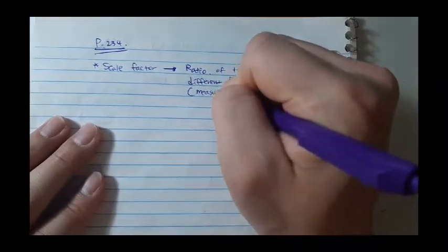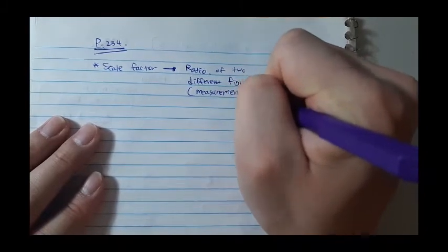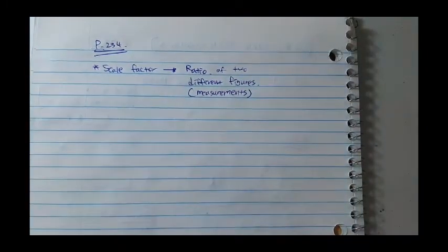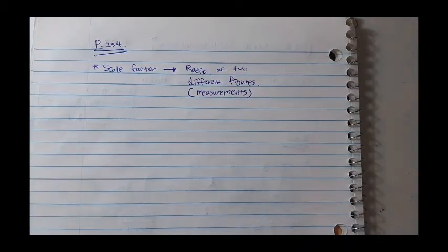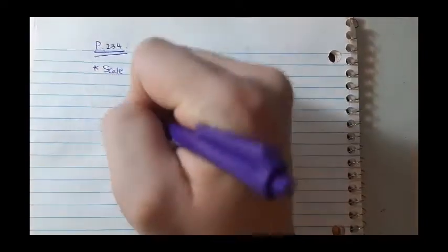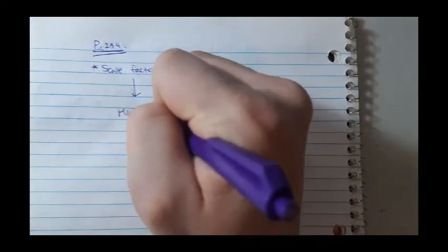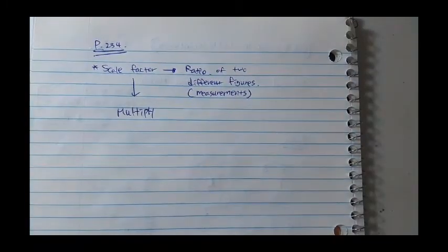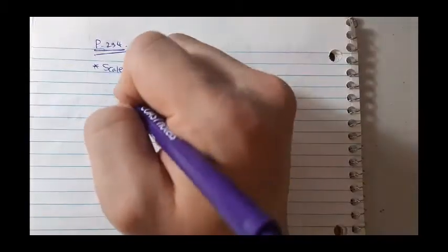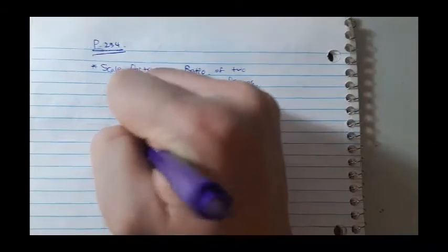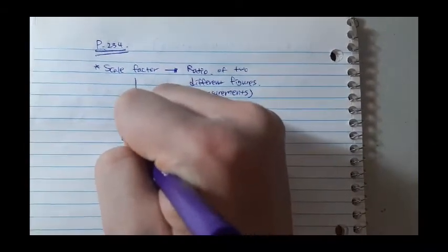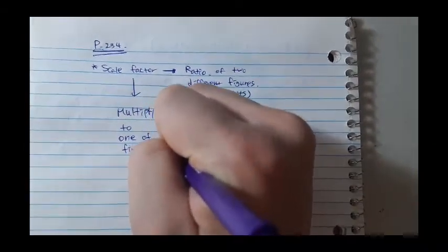Generally, it involves their measurement. But the way that you apply the scale factor is you have to multiply this certain ratio, if you will, which is the scale factor, to one of the object figures' values.